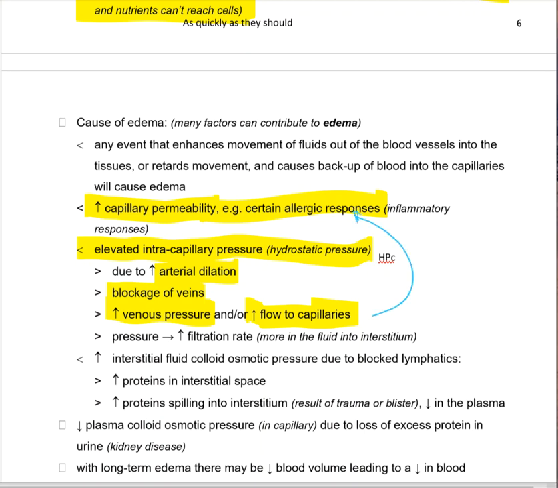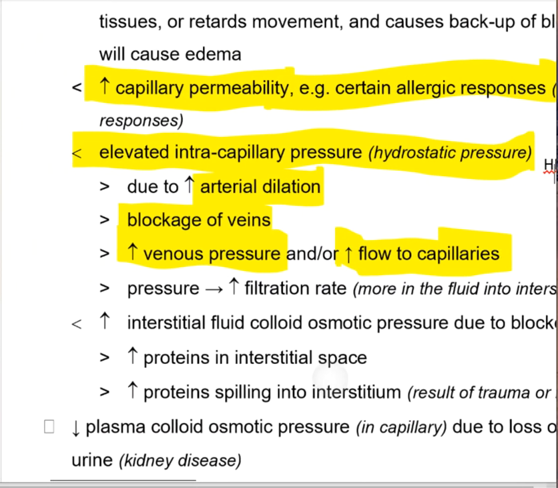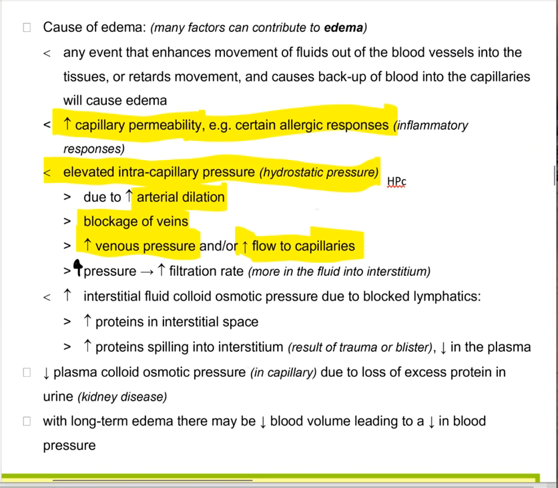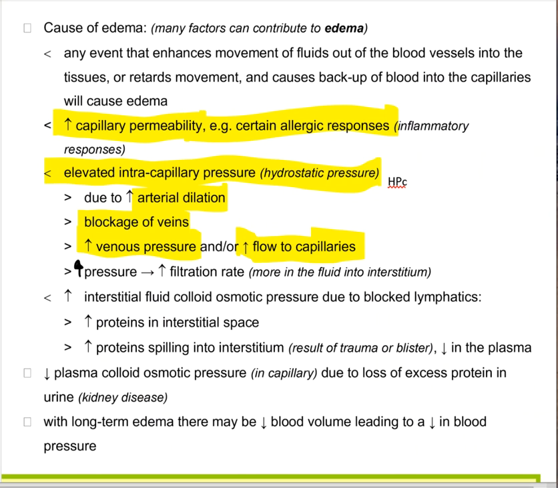That might be tied in a little bit to the capillary permeability as well, bringing more fluid and more blood flow into capillaries. Anything that increases pressure will increase filtration rate. So if blood pressure goes up, the filtration rate goes up from plasma to the interstitium.